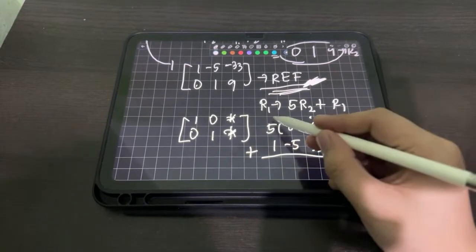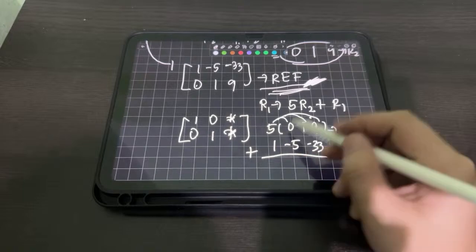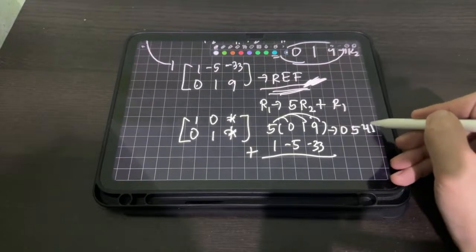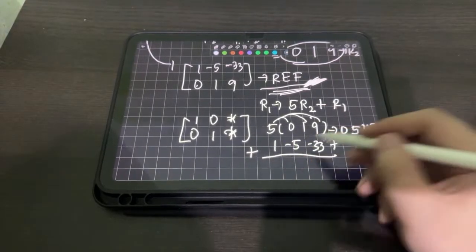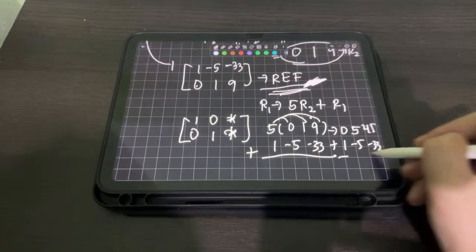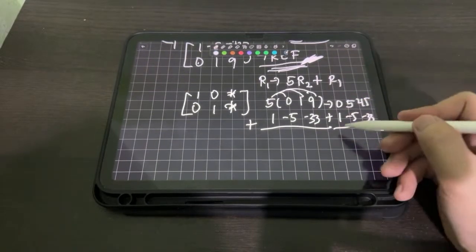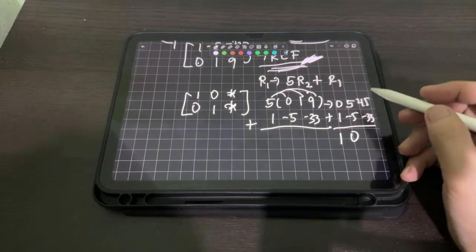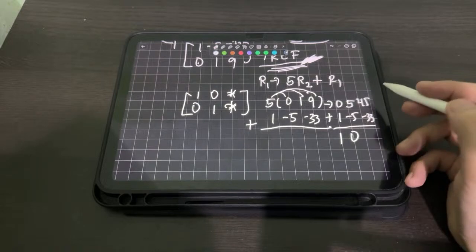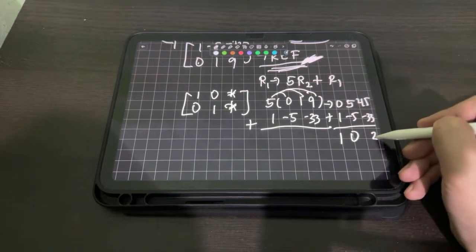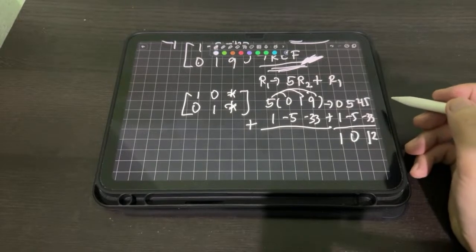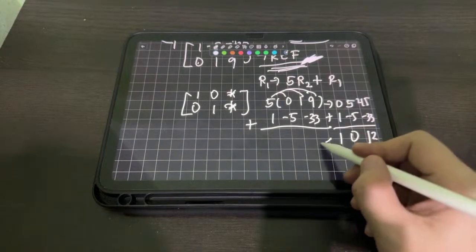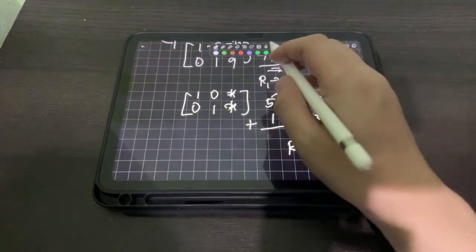Let's multiply first 5 to each entry here. 5 times 0, it's 0. 5 times 1, it's 5. 5 times 9, 45. Then add with 1, -5, -33. So 0 plus 1, 1. 5 plus -5, 0. And 45 plus -33, it's 12. So 1, 0, 12.